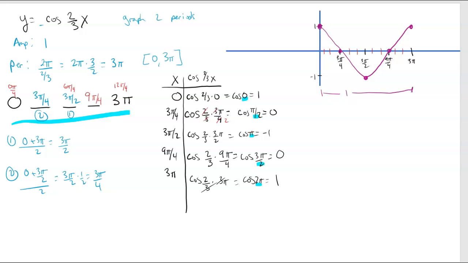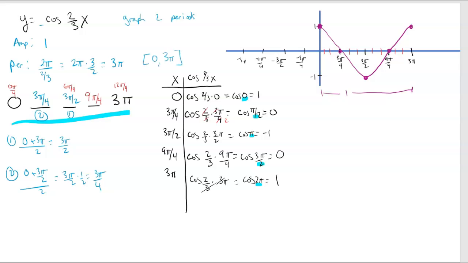If I want to create a second period, I'll do the negative values, because again, this would be 3 away, and this would be 6 away technically. So negative 9 pi over 4, and -3 pi.